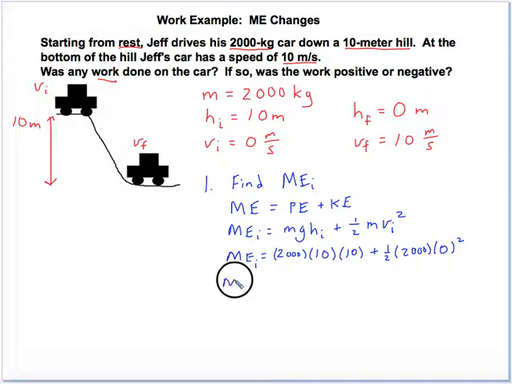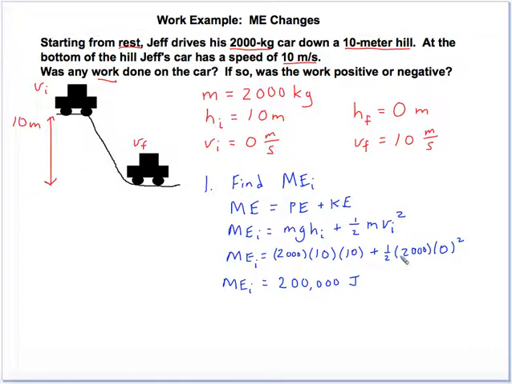So the initial mechanical energy then is just 2,000 times 10 times 10. That's 200,000. And our units are joules for mechanical energy. So that's our initial mechanical energy. We just wrote out the formula for mechanical energy, then we changed potential energy into its formula, kinetic energy into its formula, and we plugged in our numbers.